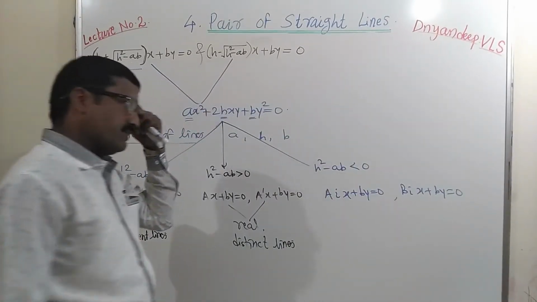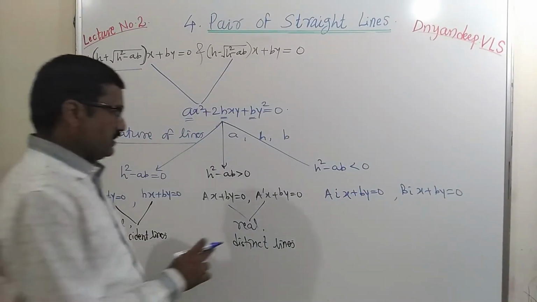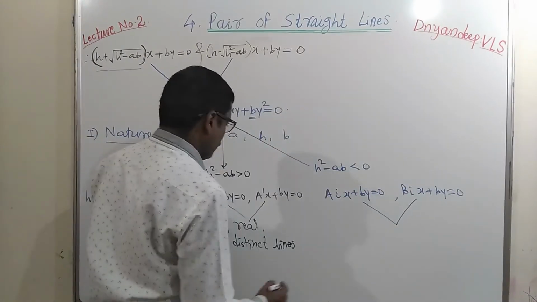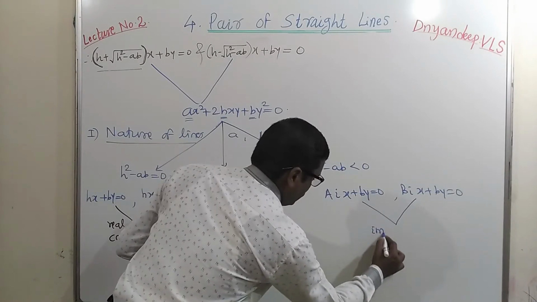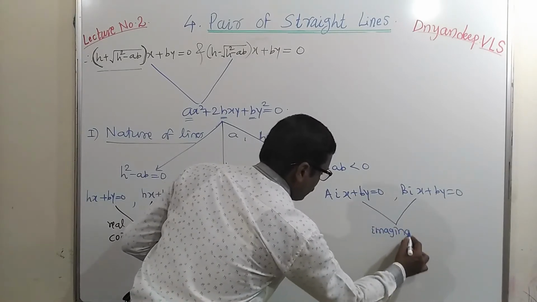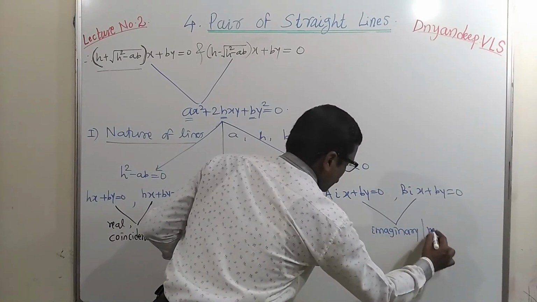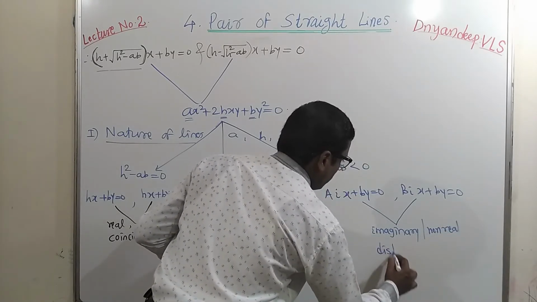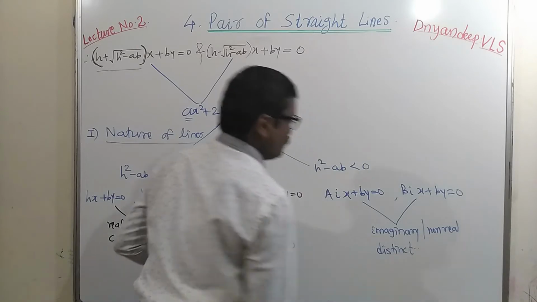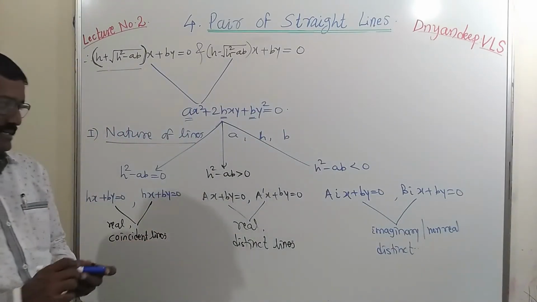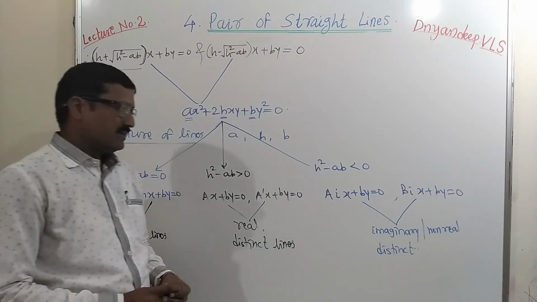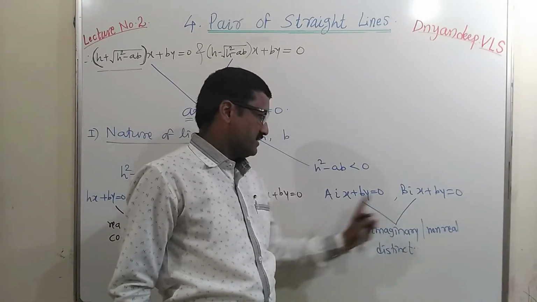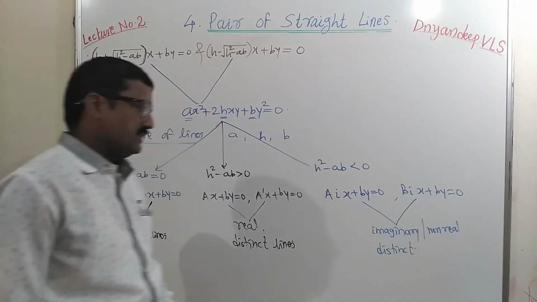So whenever h square minus ab is less than 0, we get these two imaginary lines which are not real. I will write here imaginary means non-real, but the lines are distinct. Actually, we can't say anything about whether these lines are same or distinct, but mathematically, algebraically, we get these results. That's why I am writing here distinct lines.